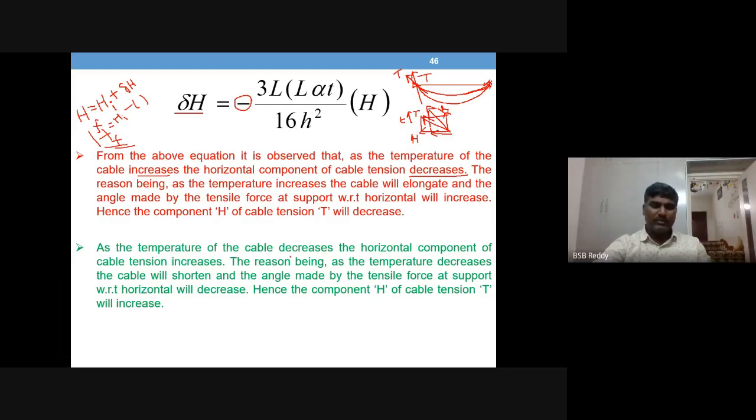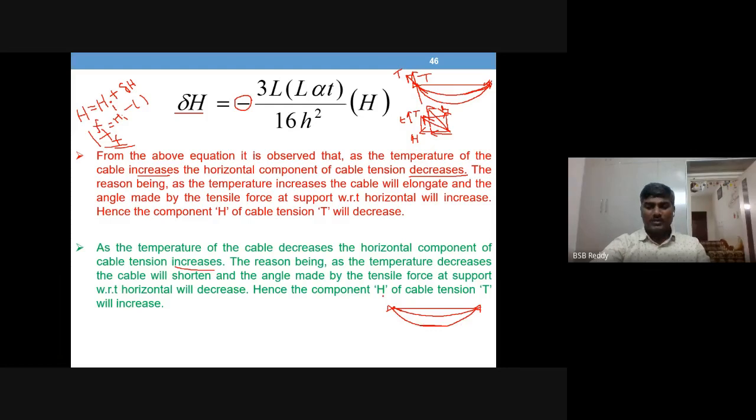The other case: as the temperature of the cable decreases, the horizontal component of cable tension increases. That also can be explained like this. Same way, there is a cable. Before the reduction in temperature, let us say this is the profile. Once you reduce the temperature, the profile is going to be like this.